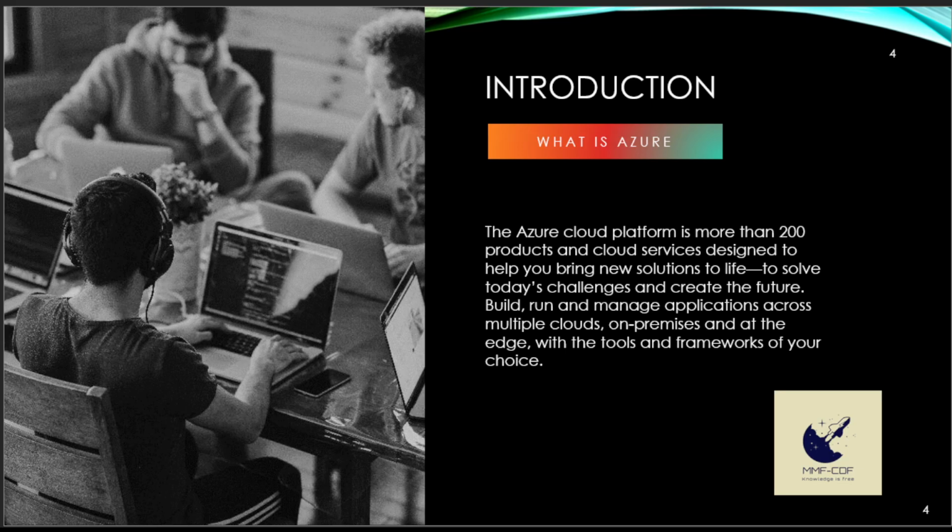I'm not going into each line in detail. What they mean by 200 products is like this: in your cell phone you have Facebook, WhatsApp, photo editing software, video editing software, lots of stuff, right? In that way you can categorize their products. The cloud providers may provide you with a VM, which is a virtual machine.